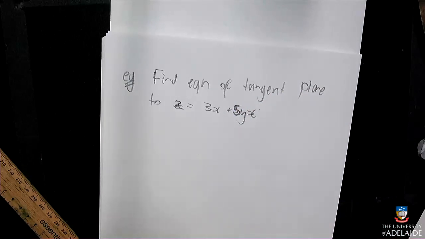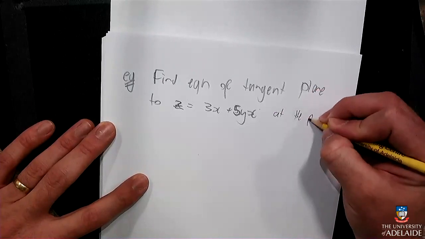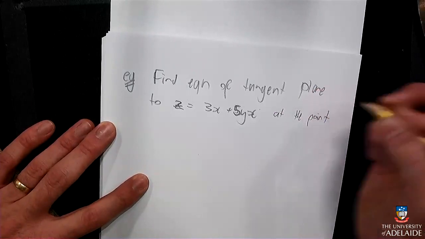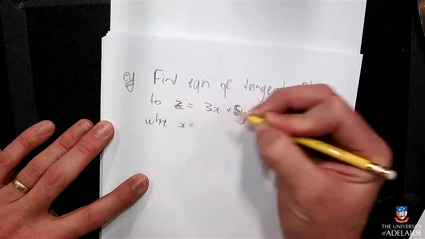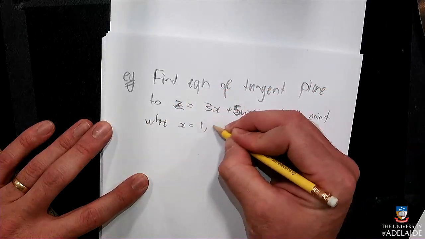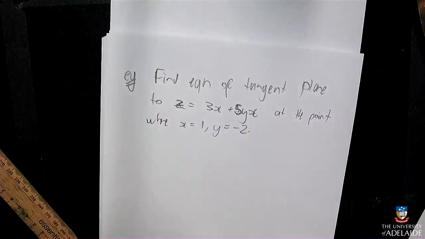Find the equation of the tangent plane to that at the point where x equals 1, y equals minus 2.